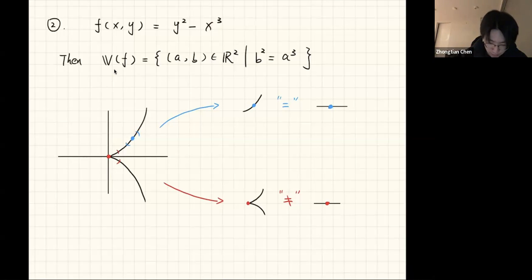It's different from the previous one because at this blue point, or everything except the origin, you zoom in, you can see this curve is pretty much the same as an interval. But if you look at the origin and zoom in, you can see there is a fundamental difference between these two things. And this red dot is a singularity in this curve.